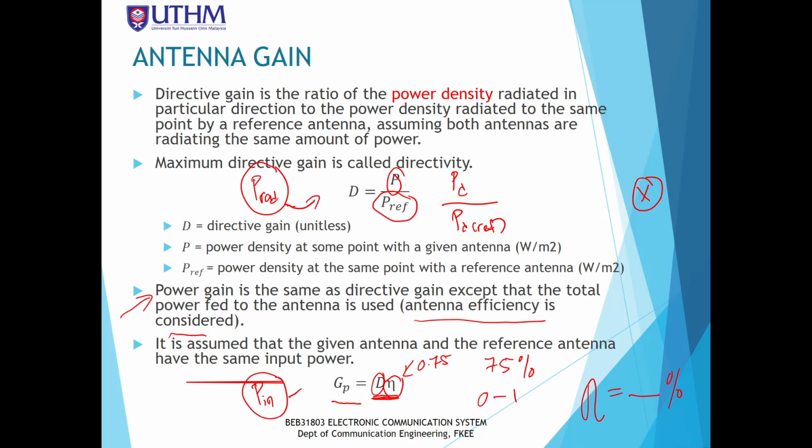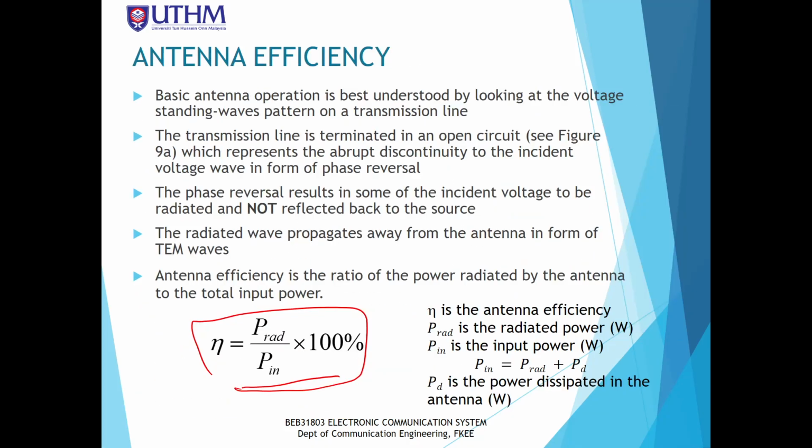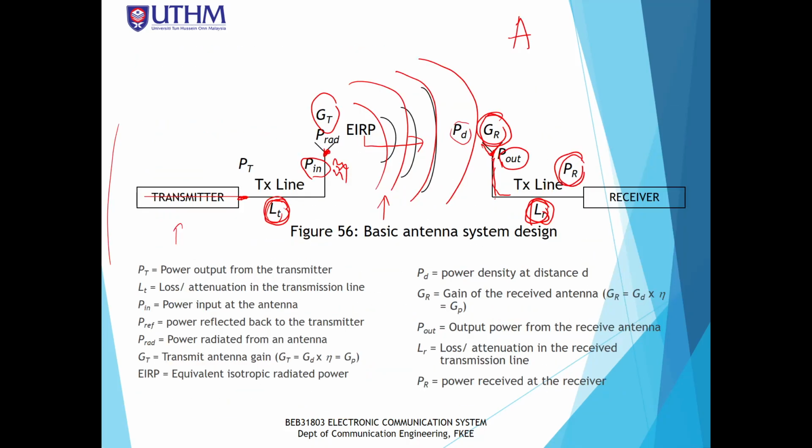So, kita sudah lihat sebelum ini bahawa we have two kinds of power. The first one is the input power to the antenna, P in, and the other one is the P radiation, P rad. So P radiation is the power used to radiate away the electromagnetic energy in the free space. And P input, P in, is the power supplied to the antenna.